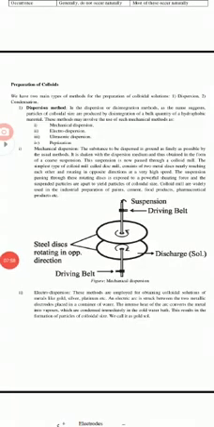Mechanical dispersion. The substance to be dispersed is ground as finely as possible by the usual methods. It is shaken with the dispersion medium and thus obtained in the form of a coarse suspension. This suspension is now passed through a colloid mill. The simplest type of colloid mill, called disc mill, consists of two metal discs nearly touching each other and rotating in opposite directions at a very high speed.